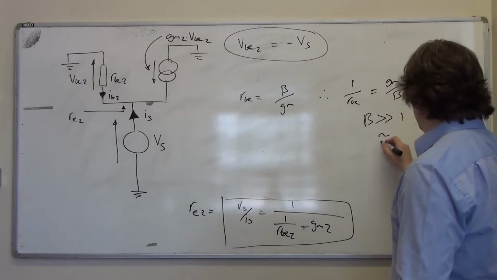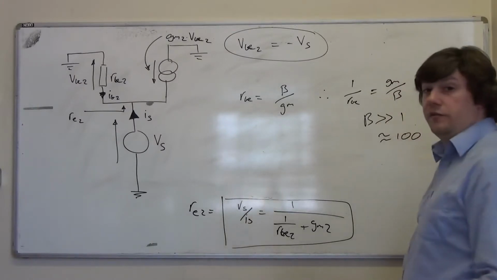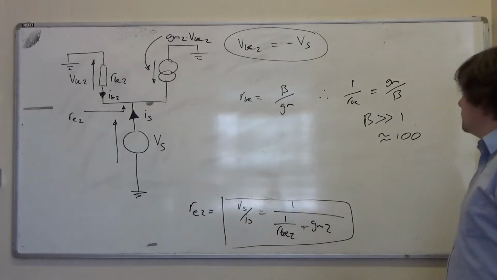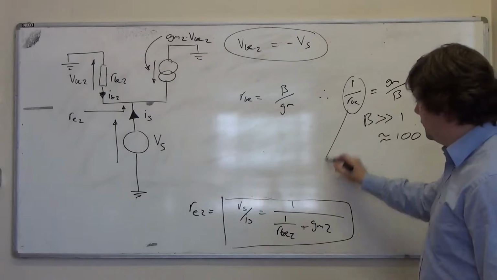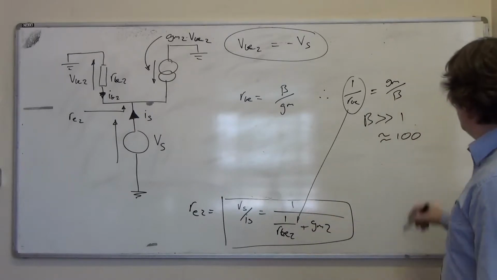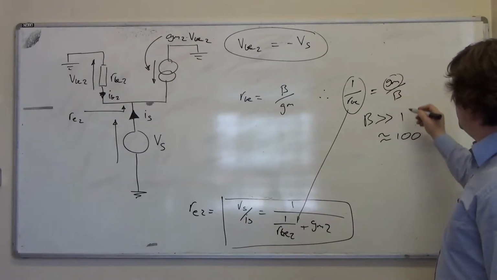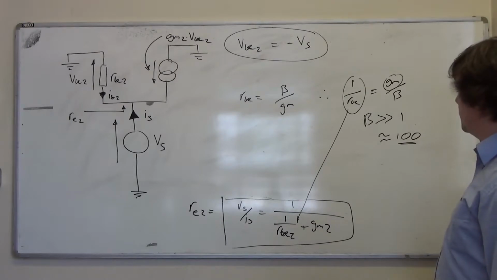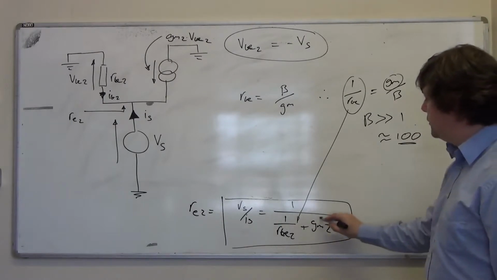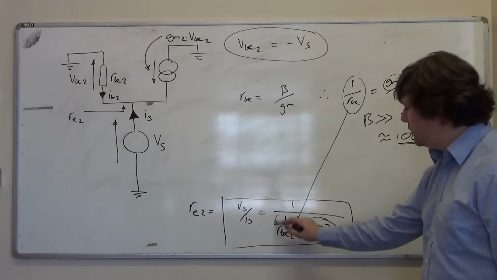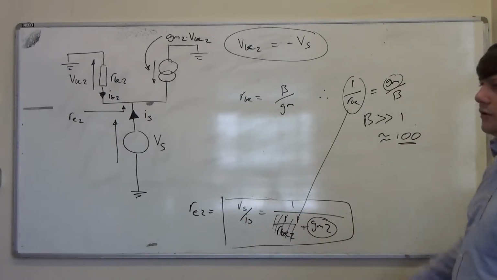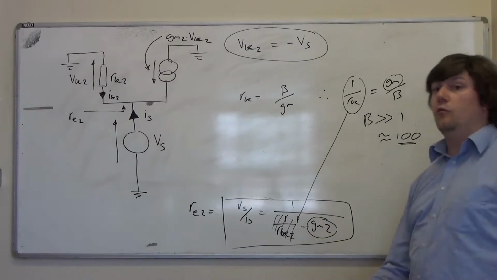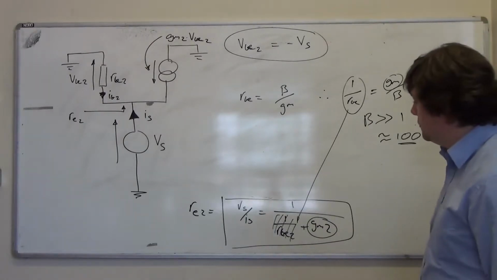In fact, usually we assume it's 100 for calculation purposes. So 1 over RBE, which is that term there, is whatever GM is divided by approximately 100. So it's 1/100th of GM, which is this term here. So if I get rid of this term, I'll have a 1% error if beta was 100. If beta was 1,000, I'll have a 0.1% error, and so on and so forth.